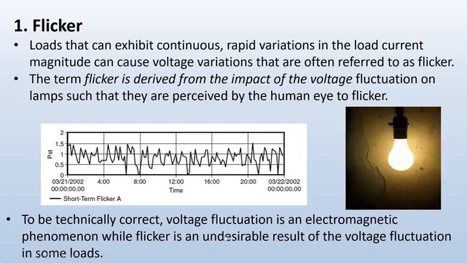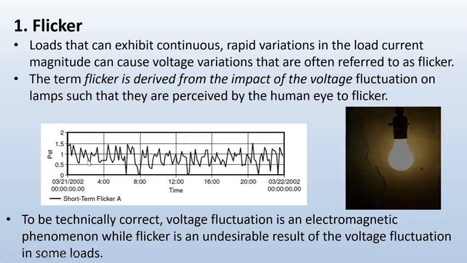Now the wave shape of a flicker is somewhat like this, that is, it is continuously varying. There is no continuous pattern, or we can say there is no kind of direction. It may be in the positive direction, maybe in the negative direction.